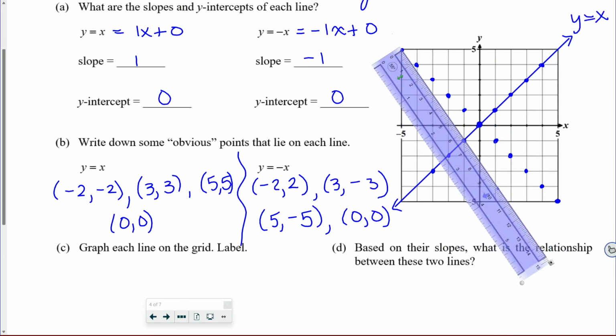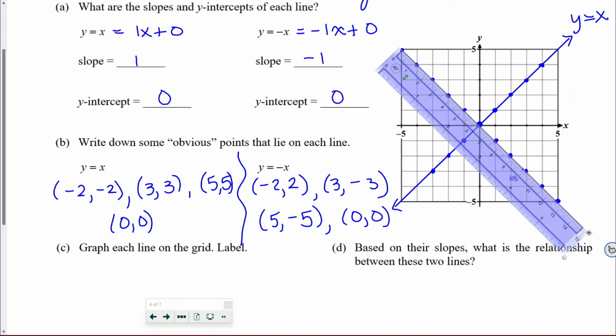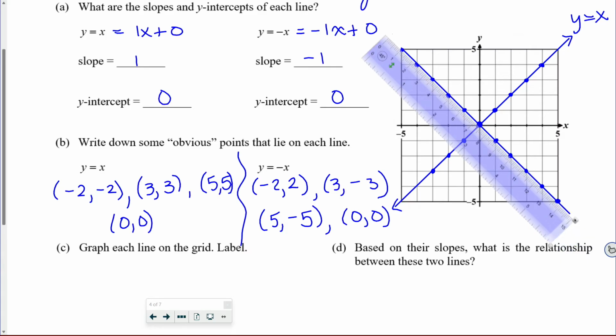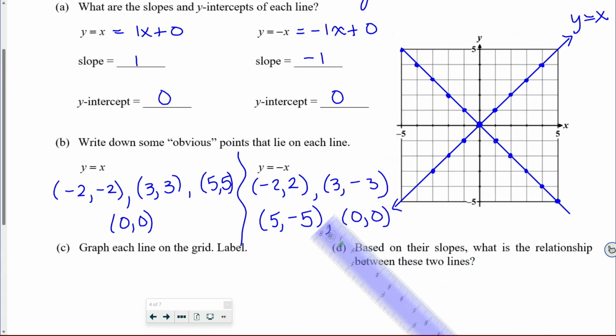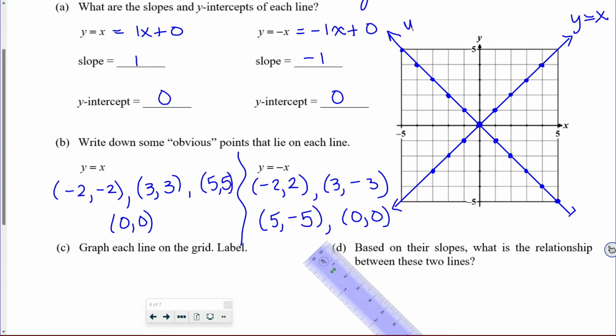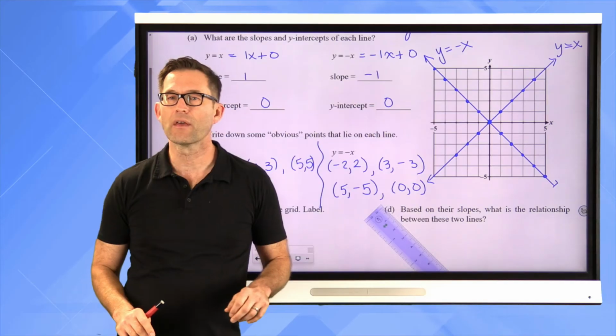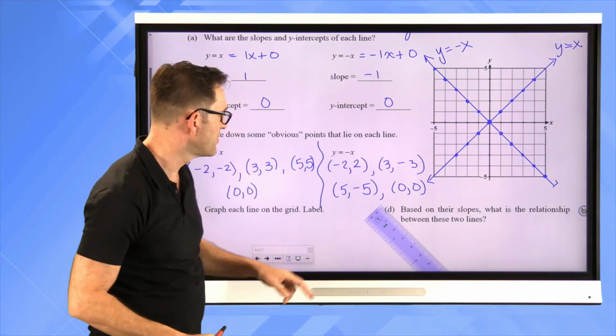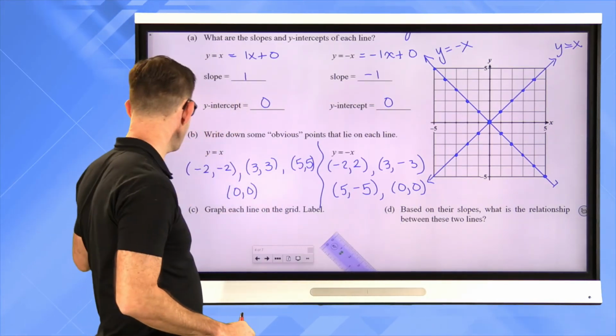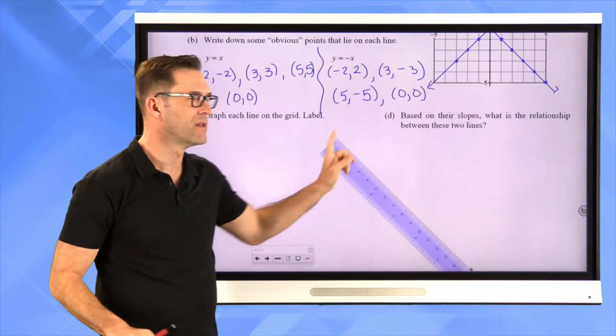And therefore, it's got a graph that looks like this. Maybe slide it a little more up there. Actually, I'll just extend that like this, and that is y equals negative x. Also, a very important line, maybe a little bit more challenging to think about, but one that you really want to commit to memory.